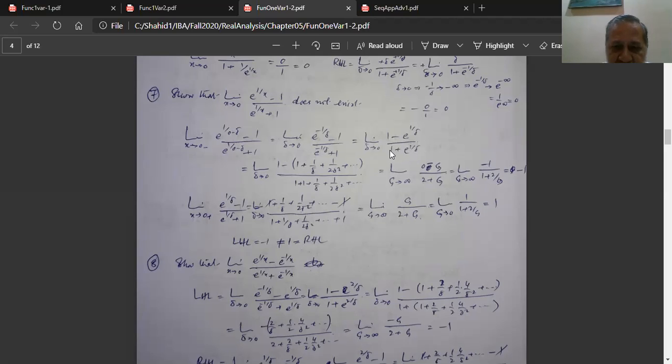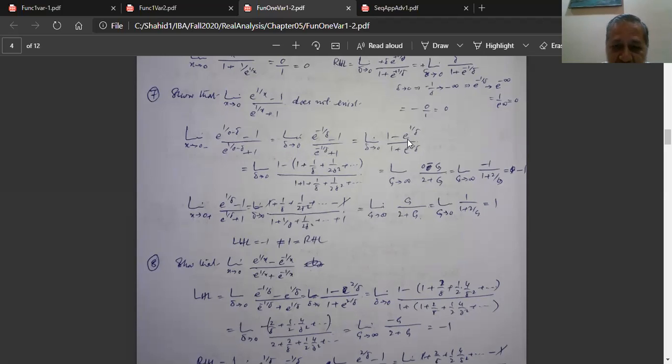Then, when delta goes to 0, this goes to infinity, and e raised to power infinity is infinity. So the numerator is sort of minus infinity, the denominator is sort of plus infinity. That doesn't give us a limit, and we may tend to use L'Hopital rule, but another thing is done here.